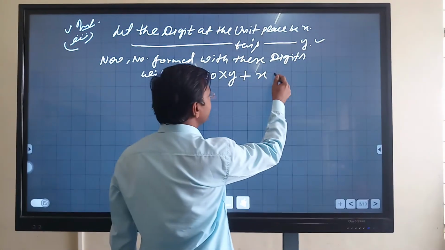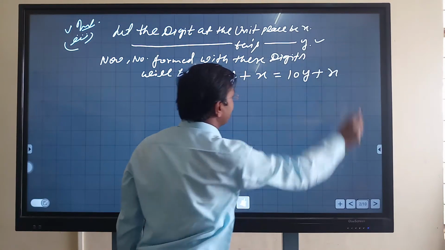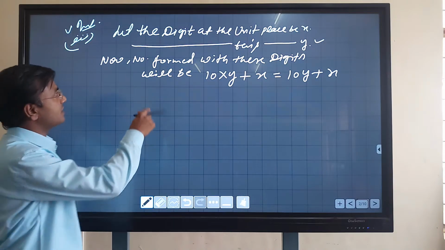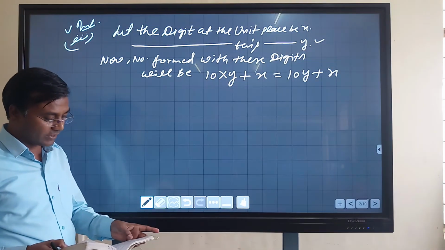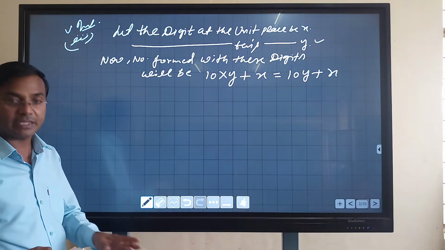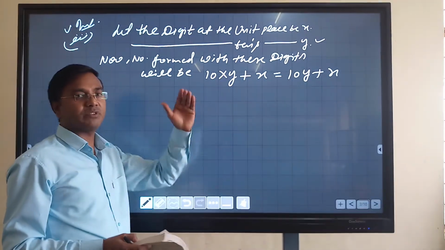So this becomes 10y plus x, okay. So this is a very important line. If there is a two-digit related problem question and one example is also there, you must solve this. This is also the most important example, example 13 related to digits, okay. So you must solve these questions 4 or 5 times even.